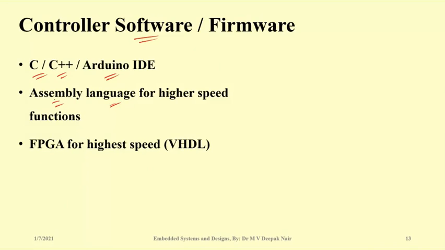We will come to the comparison between assembly and any other high level language. So of course, for high speed purposes, you should use assembly languages, or you can also use VHDL to generate very high speed systems using FPGAs.